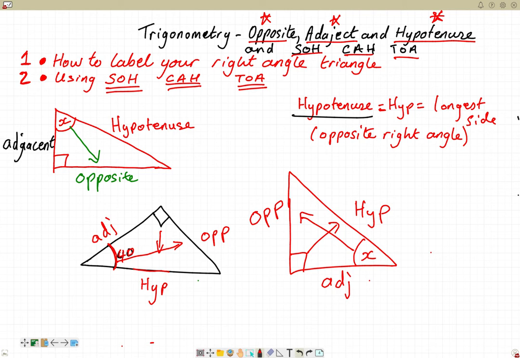Now you might have noticed in SOHCAHTOA, instead of the first letter, I've got O and H in SOH, A and H in CAH, and O and A in TOA. These O, H and A stand for opposite, hypotenuse and adjacent.